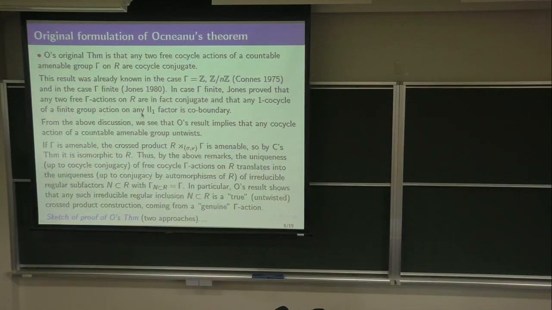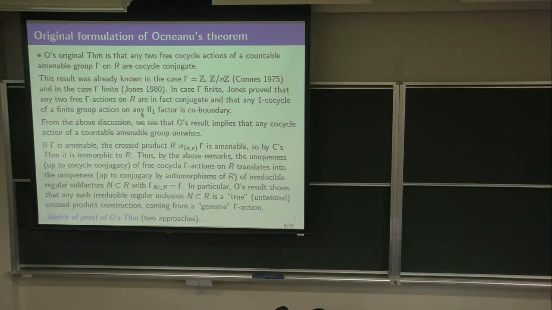That means that any cocycle action untwists, because it's cocycle conjugate to an actual action. You remember the definition, and we emphasize this fact. So his result also says that the 2-cocycle of a cocycle action untwists, that is, it is a coboundary. Let's keep that in mind.